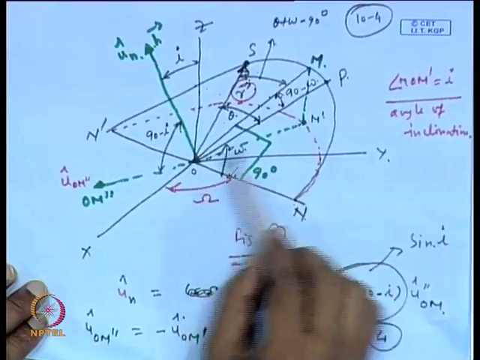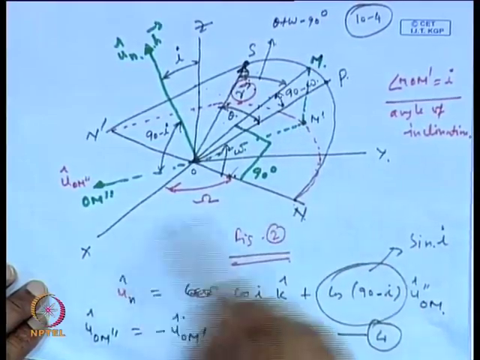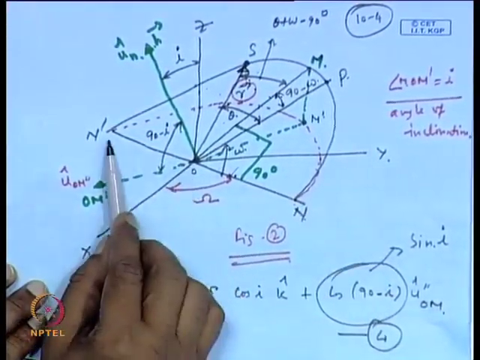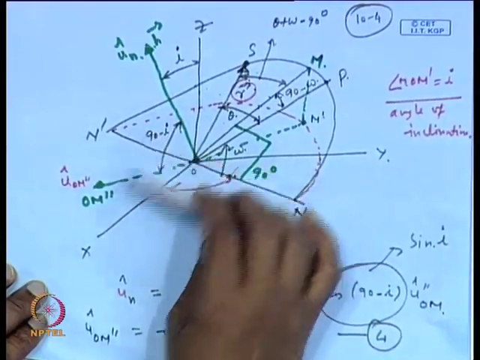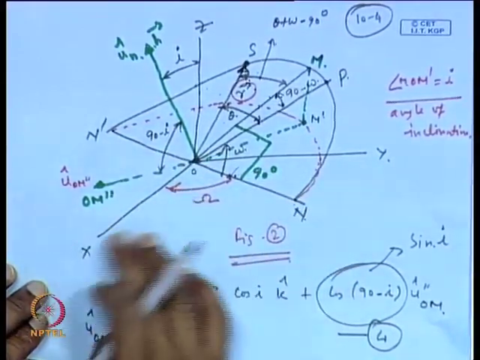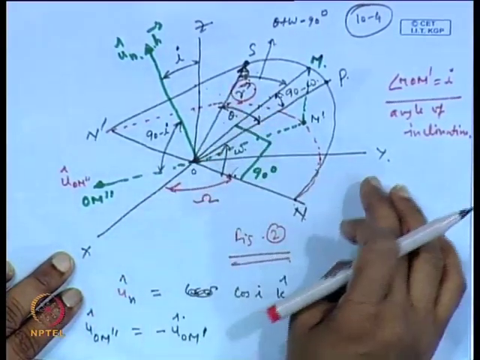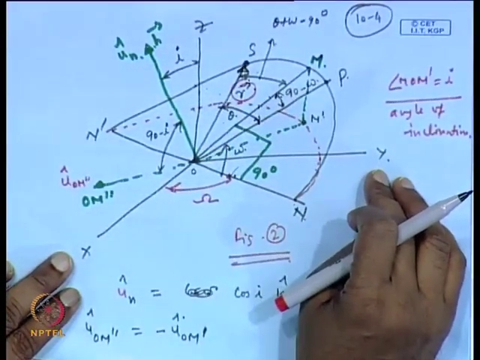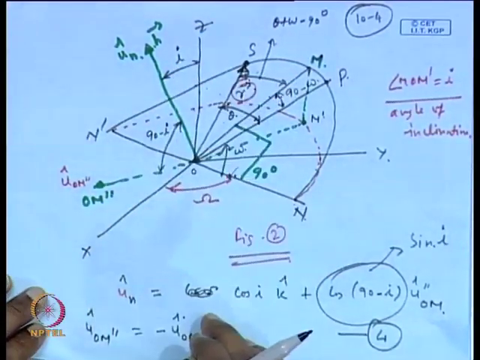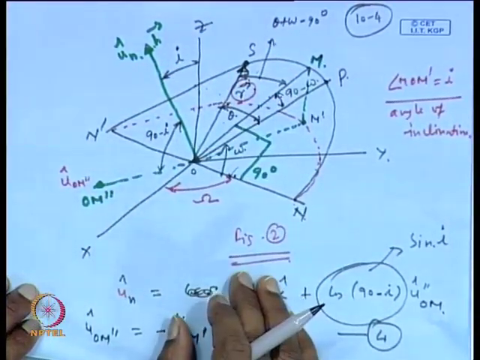Then break the O m prime along the O x direction and O y direction. Similarly, break the O n prime along the O x and the O y direction. So, the corresponding components, if you add, you get the x component of the radius vector. Similarly, you get the y component of radius vector, and z component is available here. And if we take the derivative of this, then we get the corresponding velocity components.